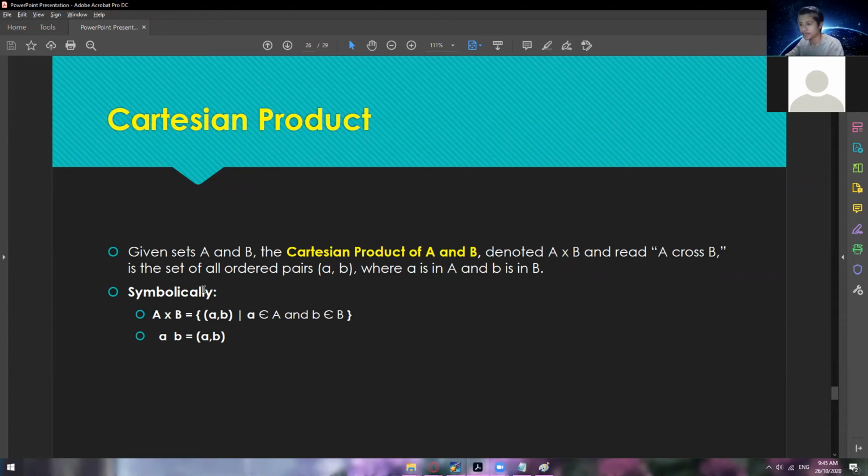Okay? So in here, symbolically A times B or A cross B is equal to (a, b). First element is a and then b is the second element, such that a is an element of set A and then b is an element of set B. Parang weird to.